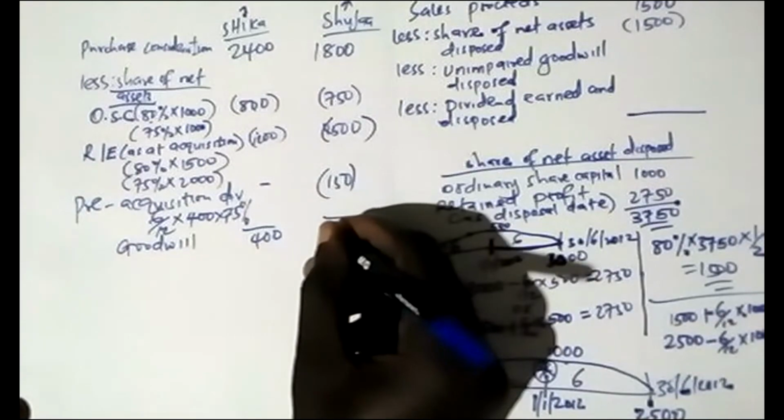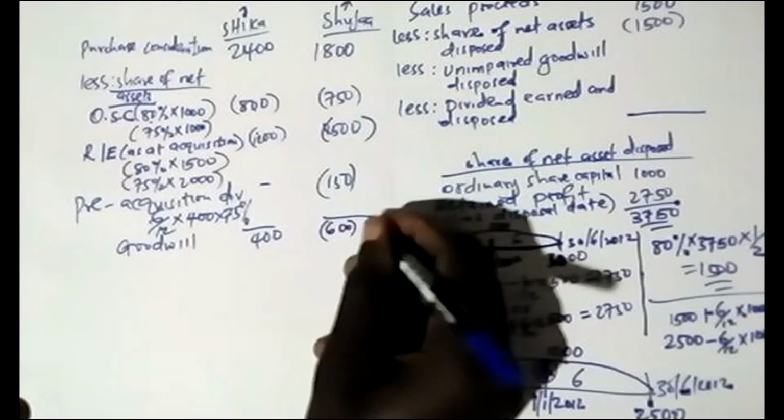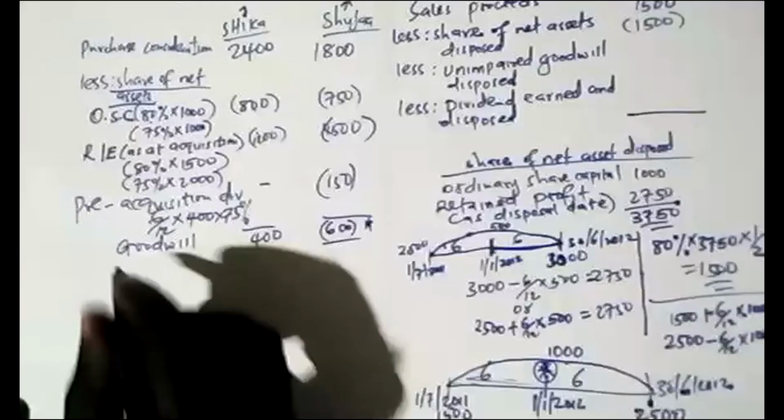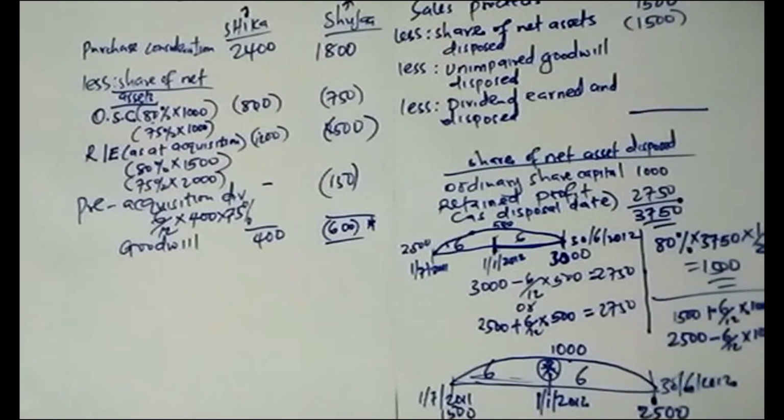That is a negative of 600. So this one we said is supposed to be an income, a negative goodwill.